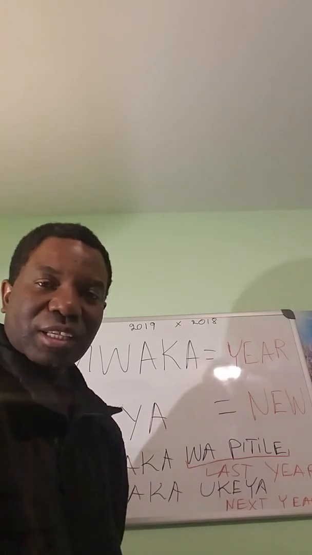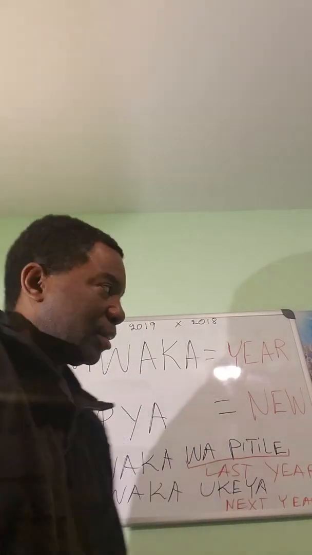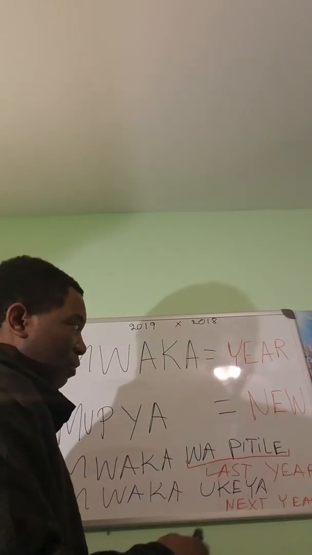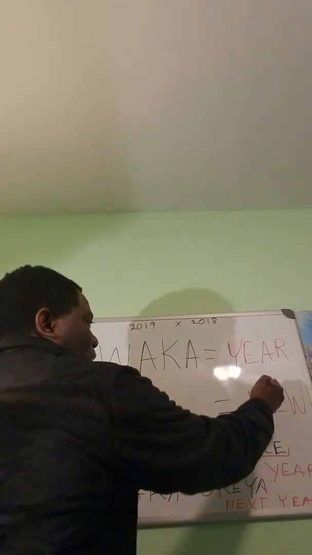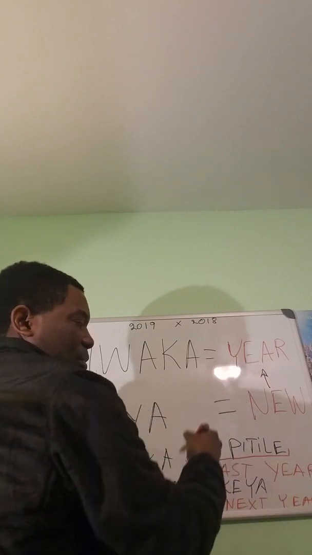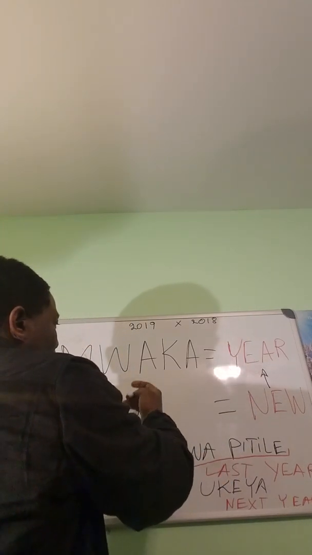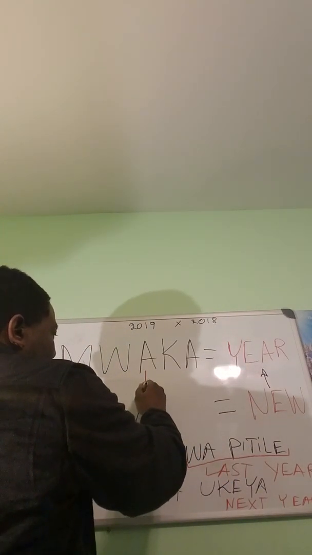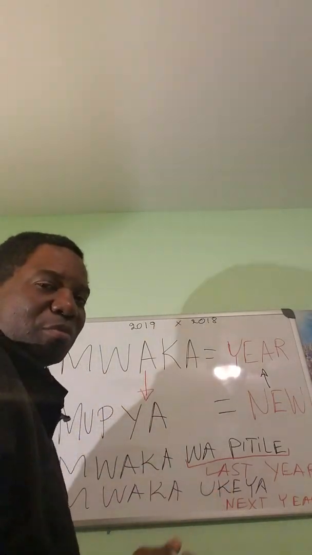It's interesting that in English we go from the bottom up, new year, but in Kiluba we go from top down. Mwaka Mupya.